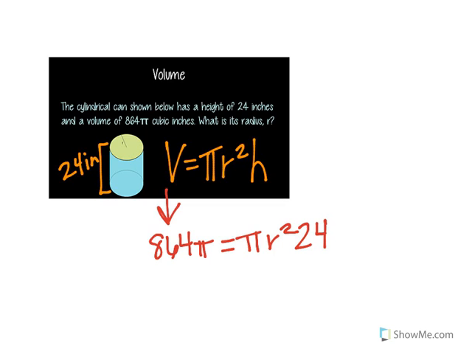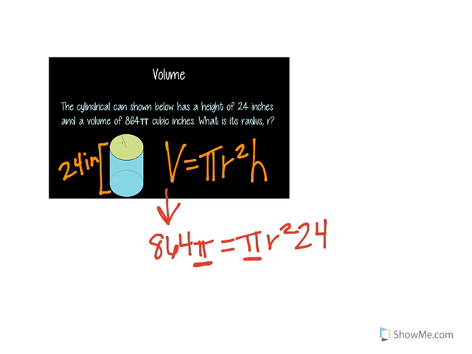They already give us the volume, and our volume has pi in it already. And the formula has pi in it already. It's asking us for the radius, so the pi is going to cancel out. When you have a pi symbol on one side of the equal sign and a pi symbol on the other side, and they're being multiplied, they're going to cancel each other out eventually.